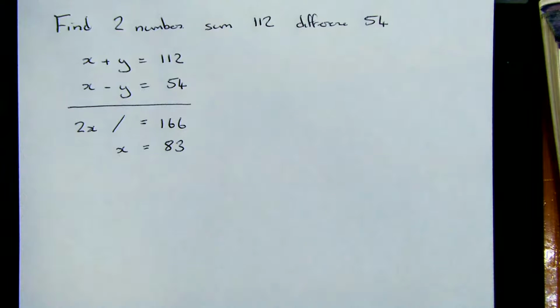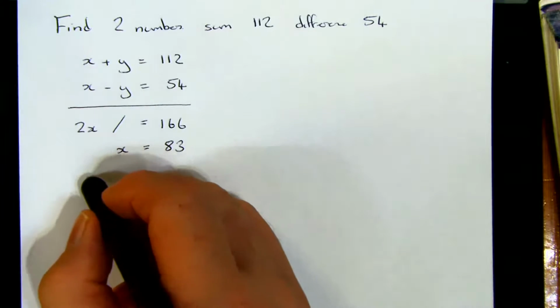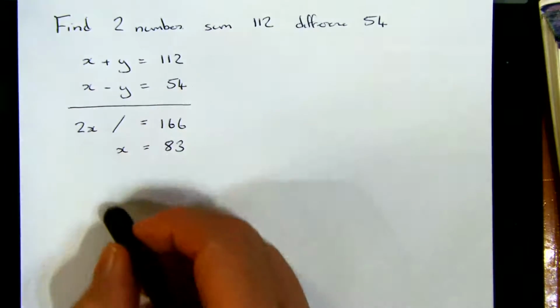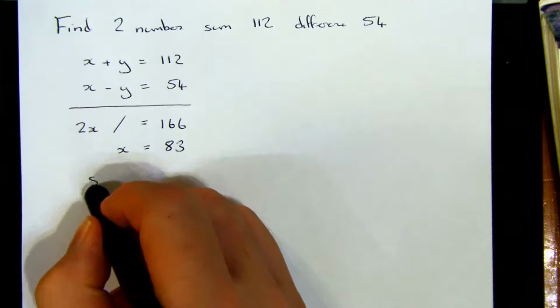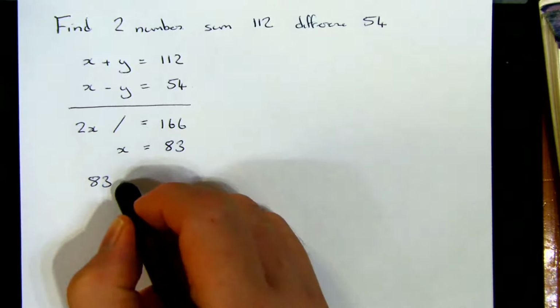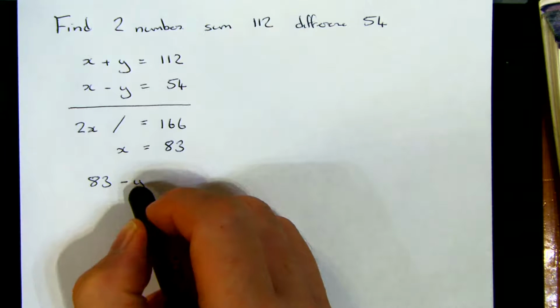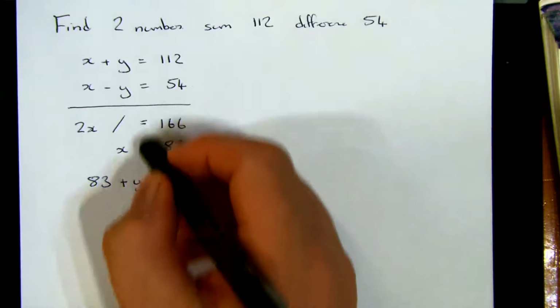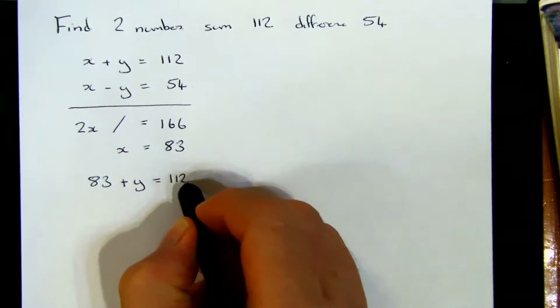And if we know that we've got 83, then we can substitute into this one. Wasn't very easy, was it? 83 plus y, we'll do it in the other one, equals 112.